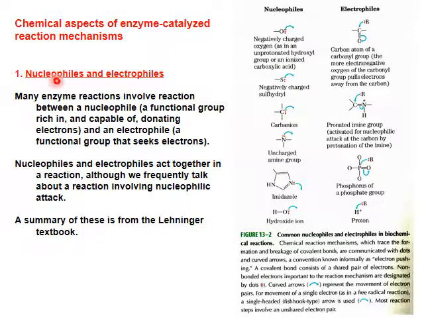They usually involve nucleophiles and electrophiles. So remember, nucleophiles are usually negatively charged, and they like to attack electrophiles that are usually positively charged. So it could have partial negative or partial positive charges, and they work together, these nucleophiles attacking electrophiles.